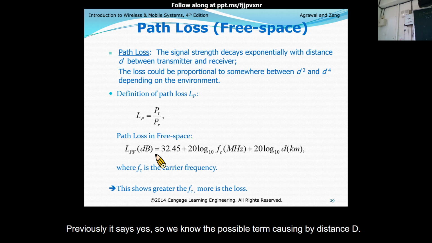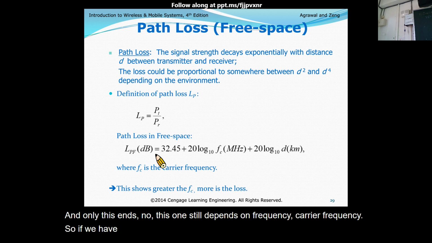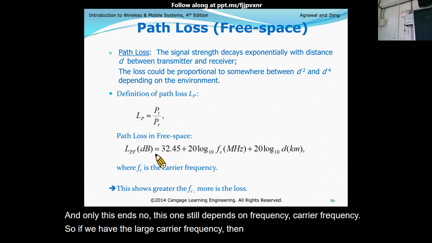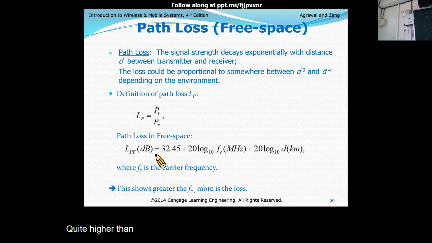But not only distance. This one still depends on the carrier frequency. So if we have a large carrier frequency, then we will have a high value of path loss as well.